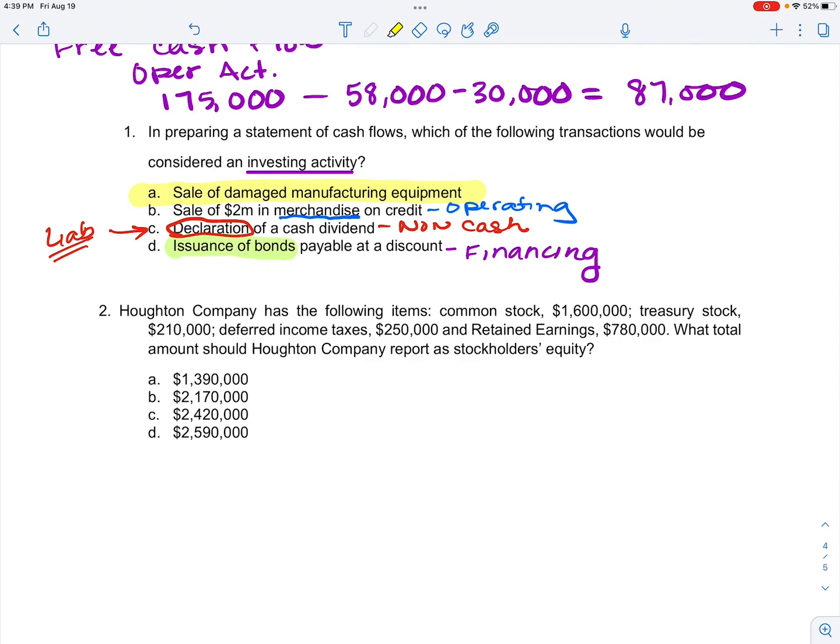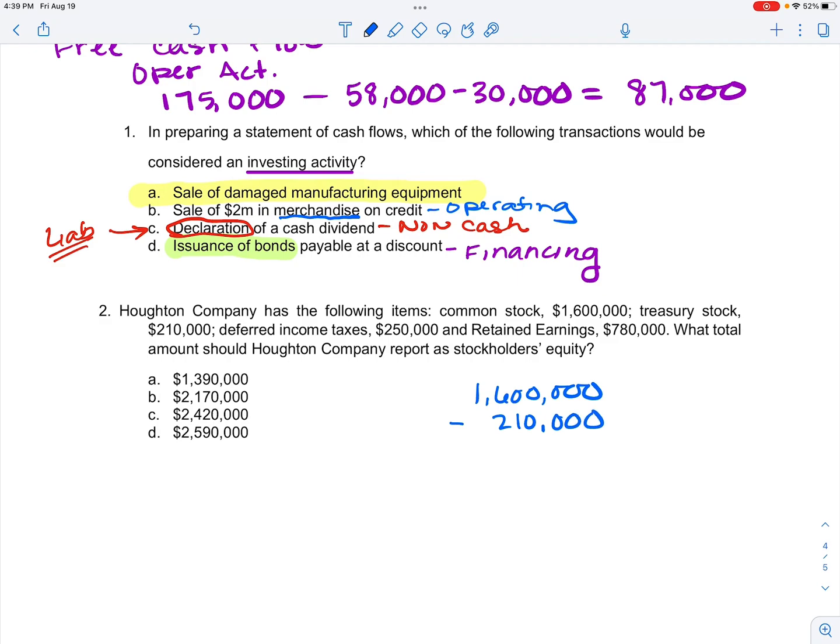And one looking at just what the balance sheet might look like or what we need to do here. They want to know what total amount should this company report in stockholders' equity. So we're just looking at a piece of that whole balance sheet, which is typically what a multiple choice question would do, is just give you information, and let's look at just one piece of that to make it a little bit easier. So we know that the common stock's going to be in there.